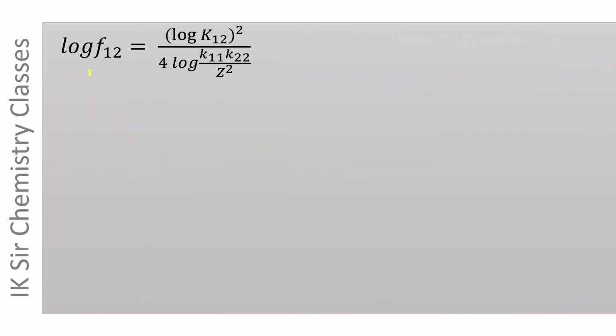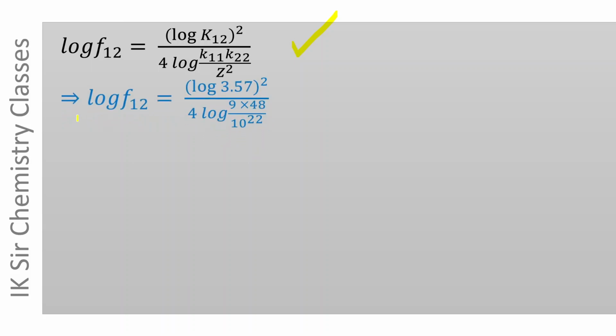We have already seen that log F12 is given by this relationship. Let us put the values in this equation. In this equation, the value of capital K12 is 3.57. The value of K11 is 9 liter per mole per second.